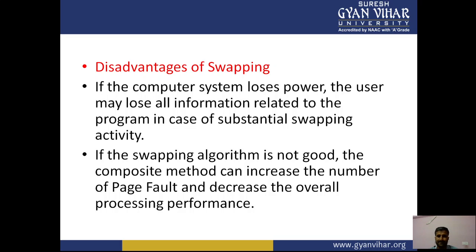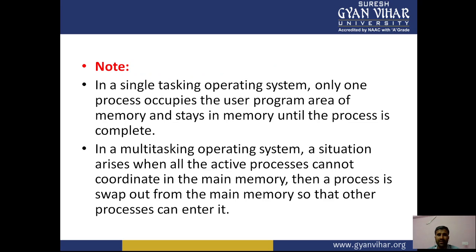The secondary memory then sends it using the swap in method, and at that time we call it a page fault. If page faults occur multiple times, the processing performance becomes very slow. So this is also a disadvantage of swapping.